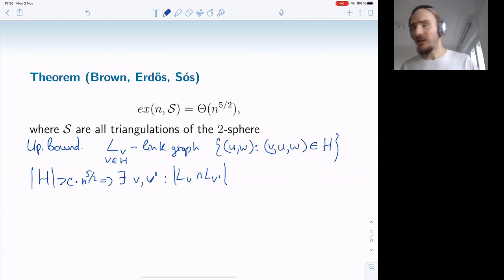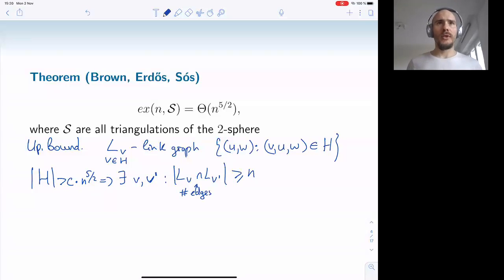So the number of edges of this intersection is bigger than n. So there are more than n pairs such that if you add to them either V or V prime, then you'll get an edge from the hypergraph.